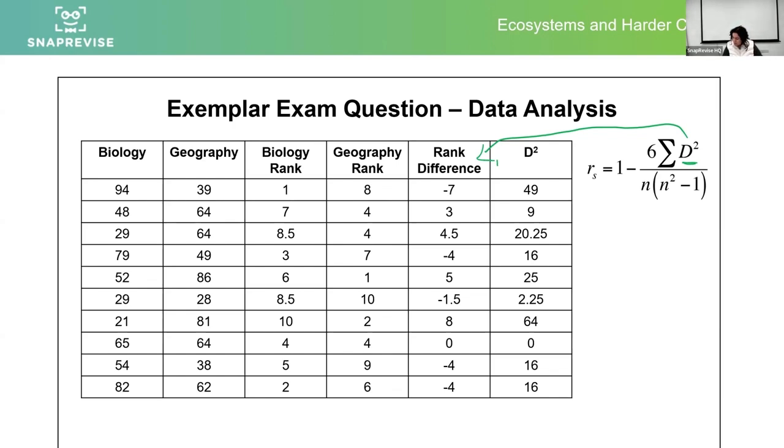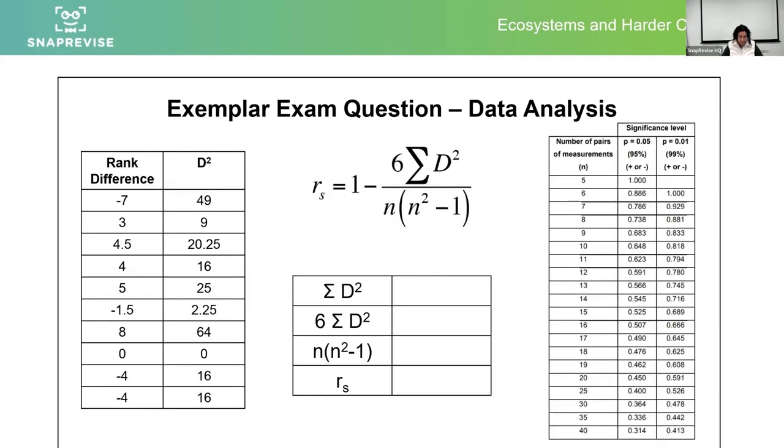I then take the sum of the squared rank differences.